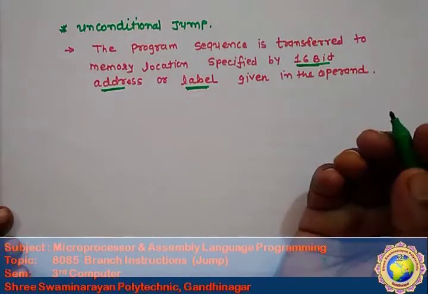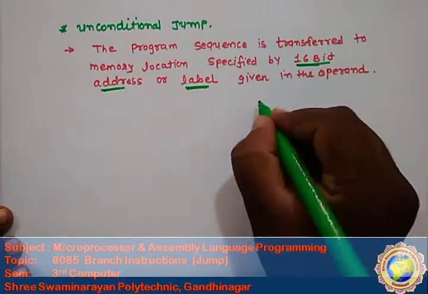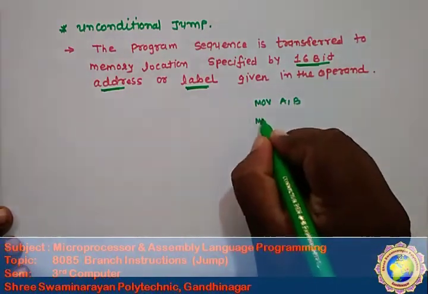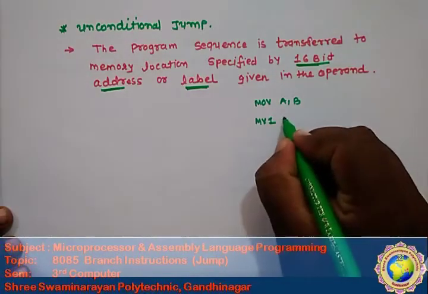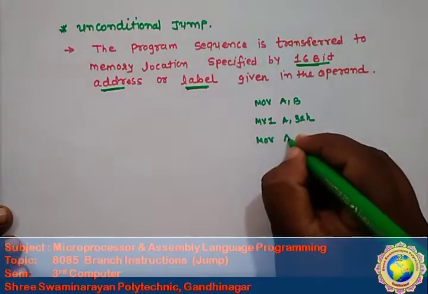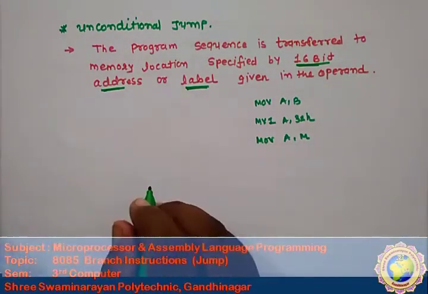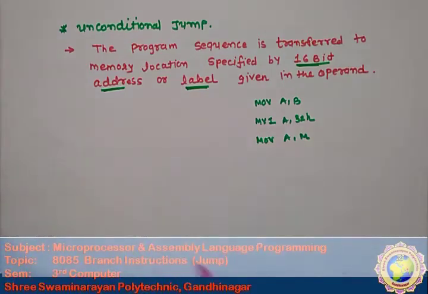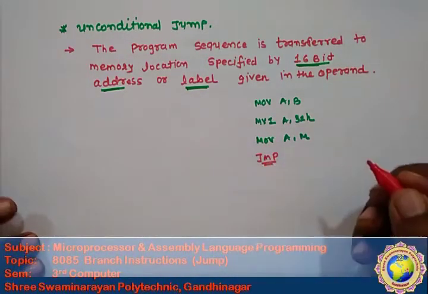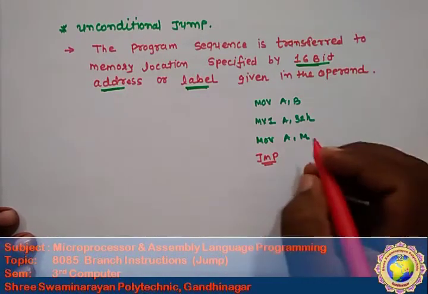Suppose, as you have already studied in C programming, I have a program: MOV A,B; MVI A,32H; then MOV A,M. This is the program. Then suppose I use JMP here. JMP is the mnemonic of the unconditional jump.